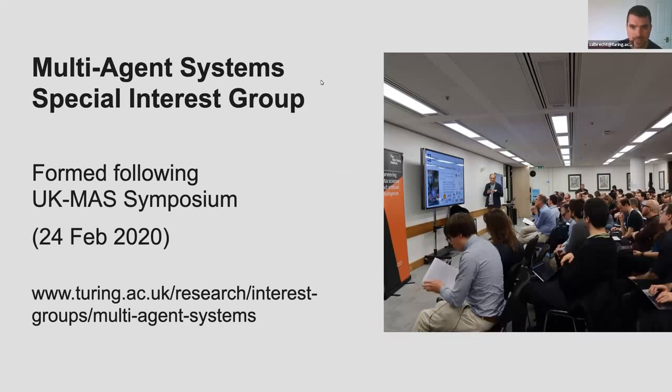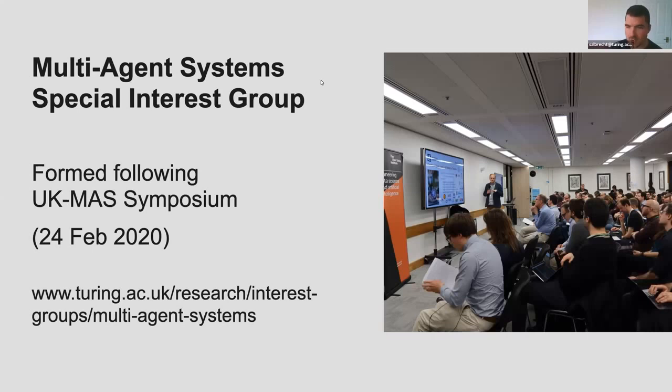We are the special interest group in multi-agent systems research, organized at the Alan Turing Institute. The creation of this interest group followed an initial symposium, or a mini conference, that took place at the Turing Institute more than a year ago now, on the 24th of February. It was a very good meeting.